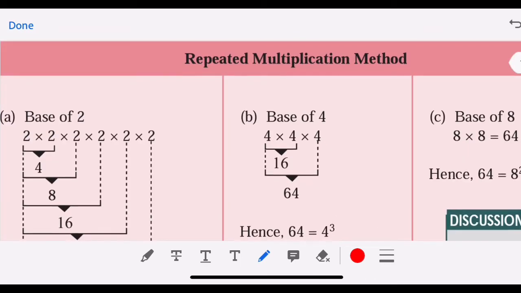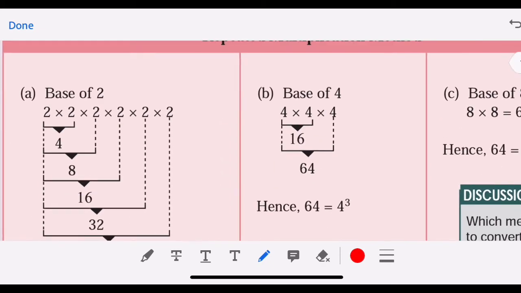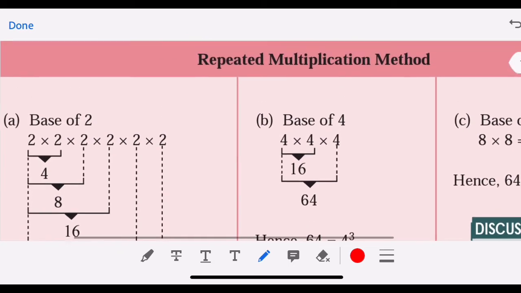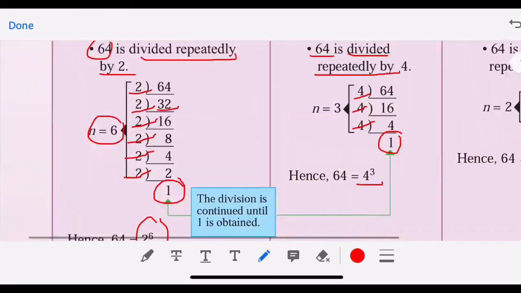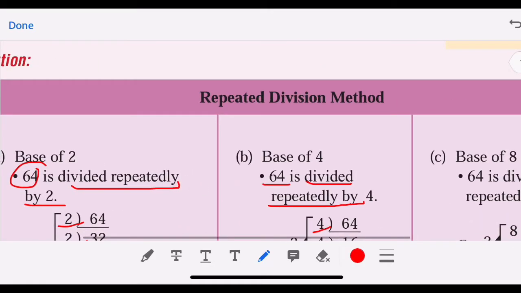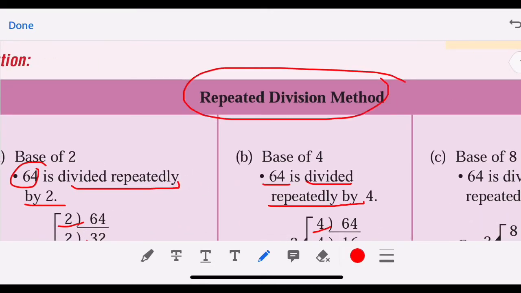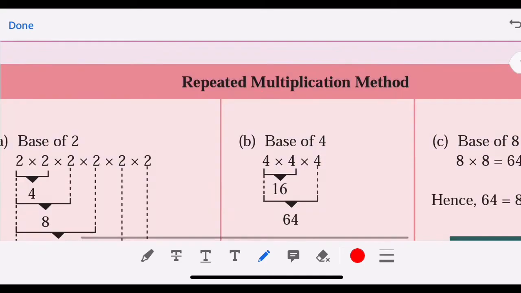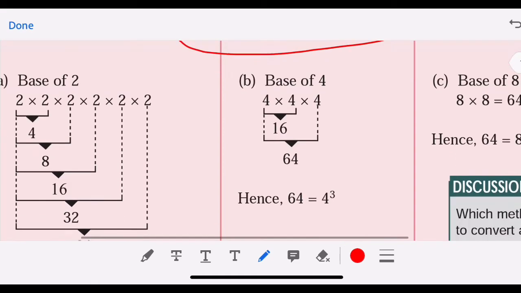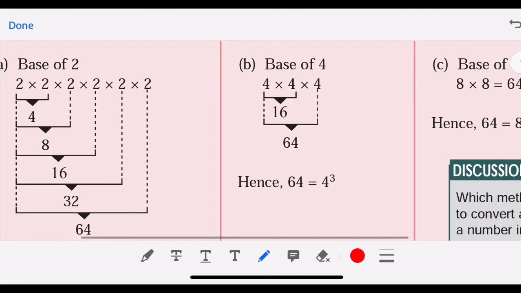So now the repeated multiplication method. As you can see, we are going to use the repeated multiplication method, and just now it was the repeated division method, right? Now it is the repeated multiplication method. So we can write 64 is 2 times 2 times 2 times 2 times 2 times 2.